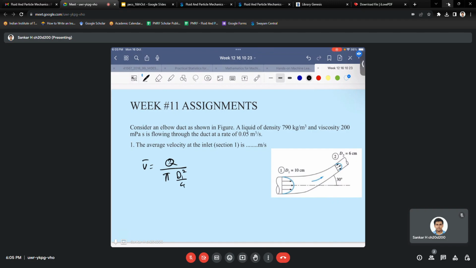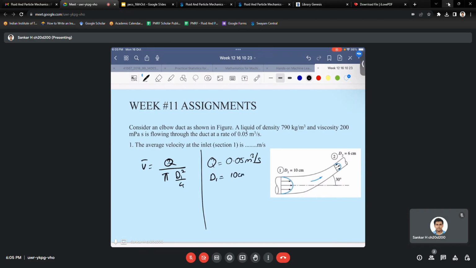Here the flow rate Q is 0.05 meter cube per second. The diameter d1 is 10 centimeters, which is 0.1 meter. Therefore, the average velocity at the inlet is 0.05 divided by pi times 0.1 square by 4.